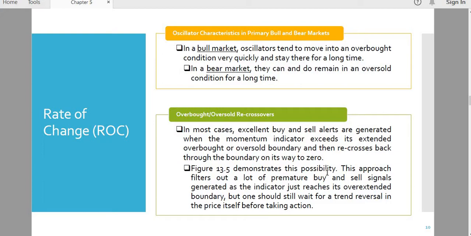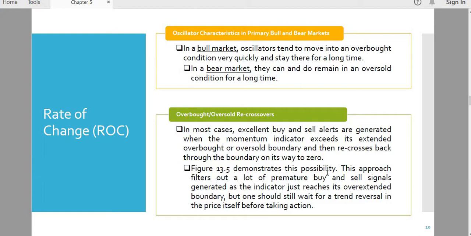Okay, in a bull market, oscillators tend to move into overbought condition very quickly and stay there for a long time, while in a bear market, they can and do remain in the oversold condition for a long time. As I mentioned just now, ROC measures the percentage change.